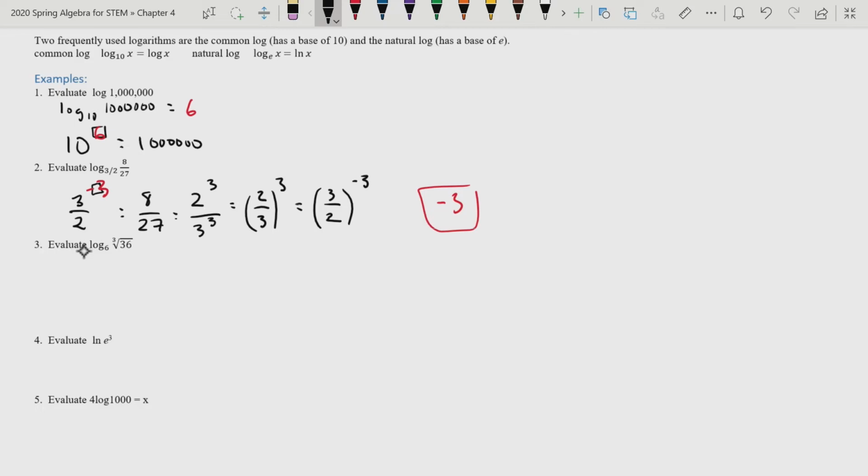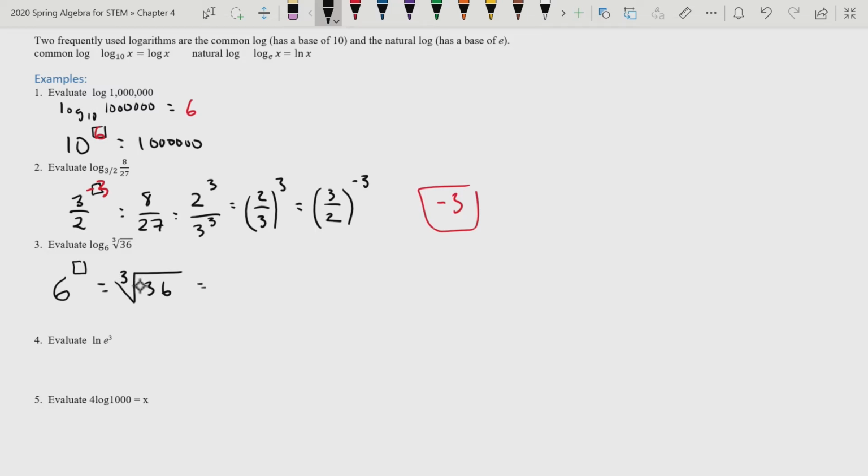Let's evaluate the log base 6 of the 3rd root of 36. So what's the exponent on 6 that gives the cube root of 36?